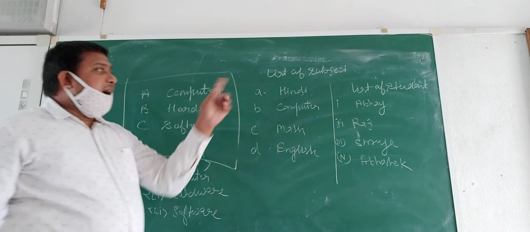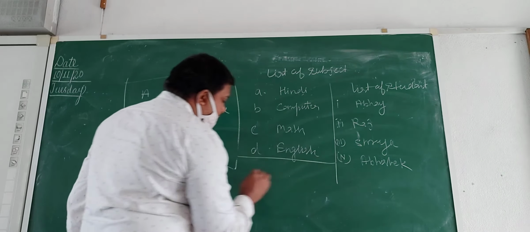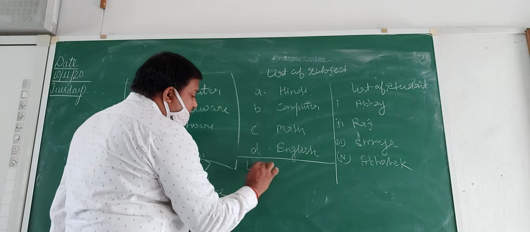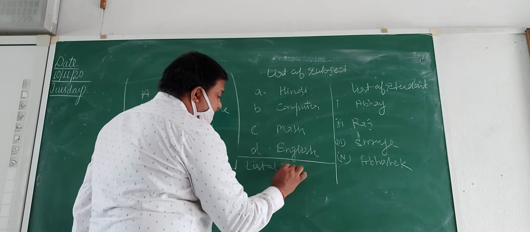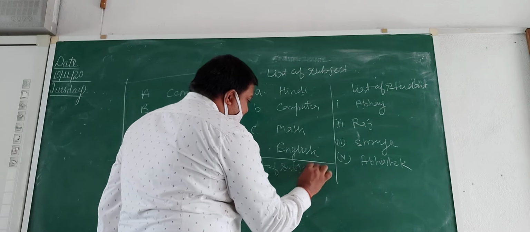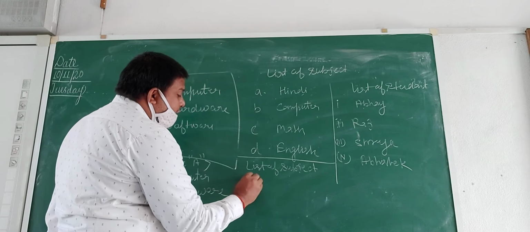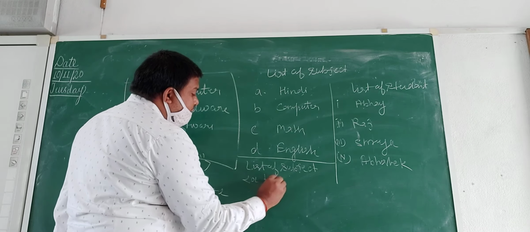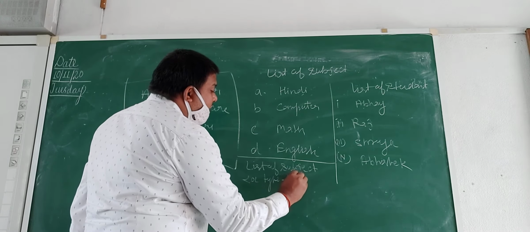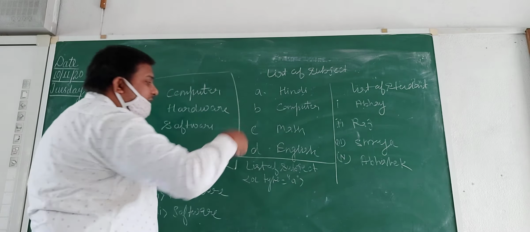Clear? For this one, first I will write the heading, List of subject. Then from the next line I will write OL type is equal to which one? A small a, because all the list is shown with small letter alphabets.